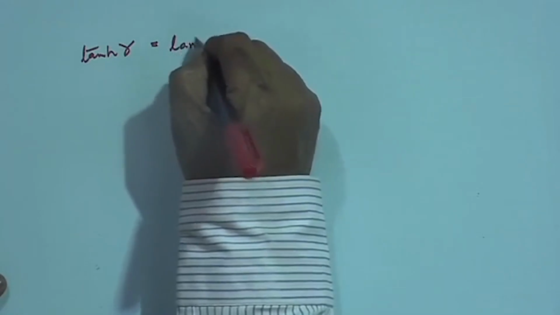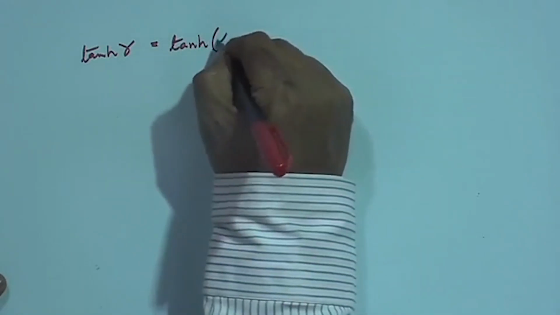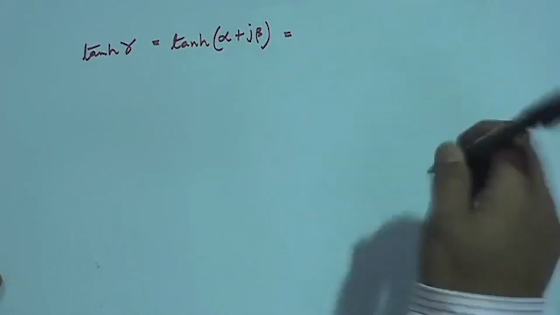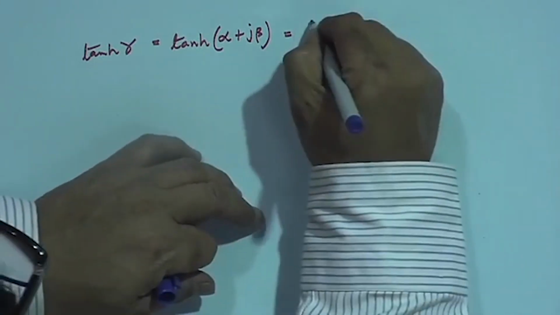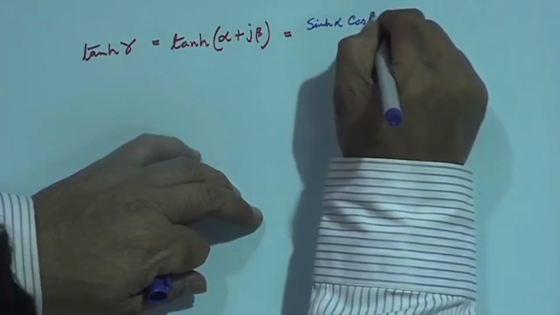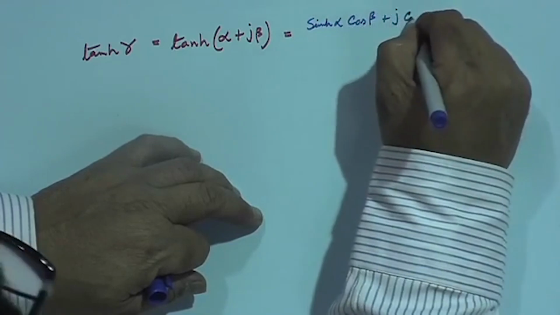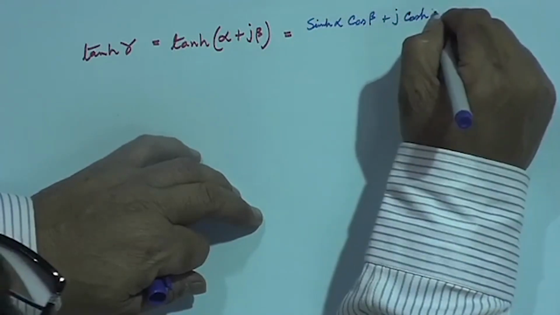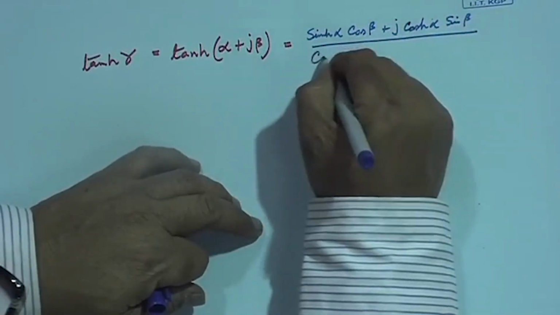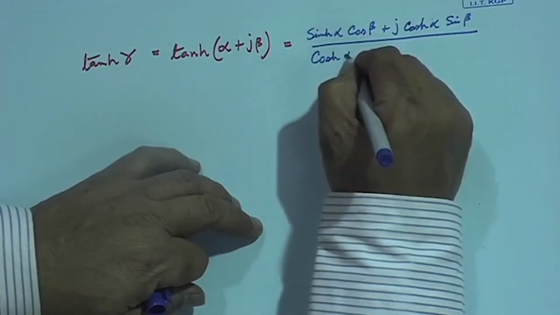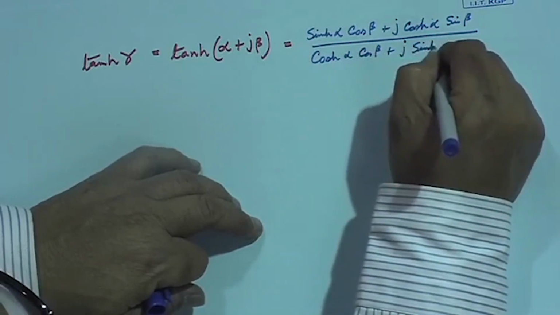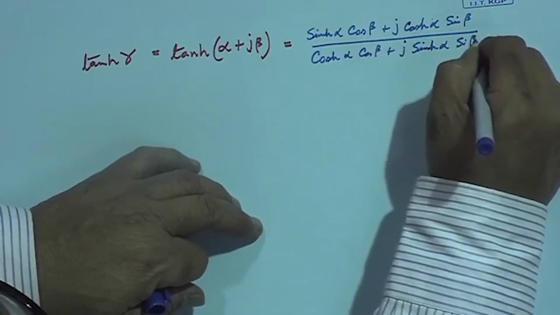Tan hyperbolic gamma is nothing but tan hyperbolic alpha plus j beta, and that is equal to sin hyperbolic alpha cos beta plus j cos hyperbolic alpha sin beta by cos hyperbolic alpha cos beta plus j sin hyperbolic alpha sin beta.